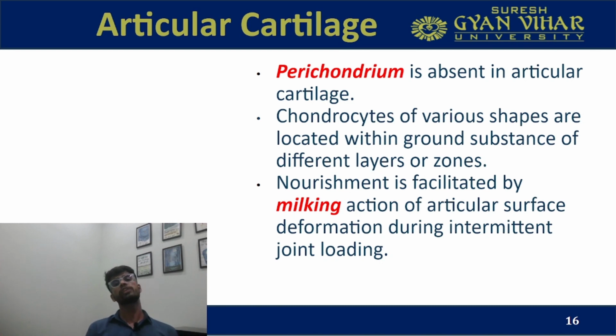Also, chondrocytes of various shapes are located within the ground substance of the different layers or zones. We are going to see the different layers or zones of the articular cartilage in which chondrocytes are present. So how is nourishment given to the articular cartilage, as there is no blood supply? The nourishment is given by the milking action of the articular surface through deformation during intermittent joint loading.